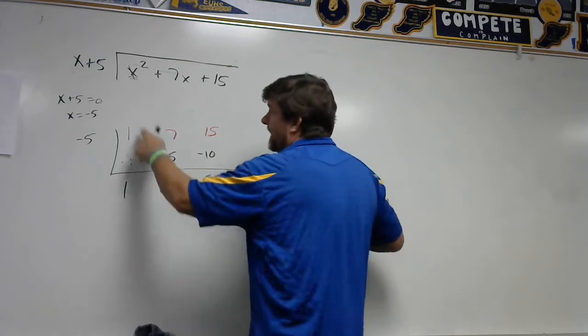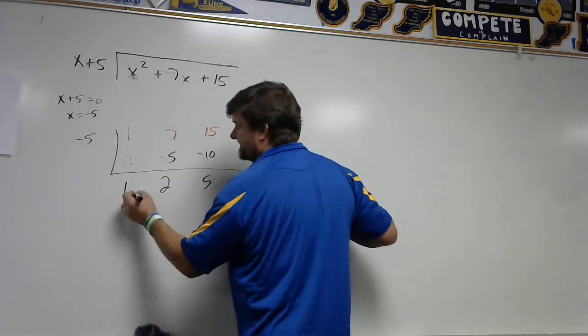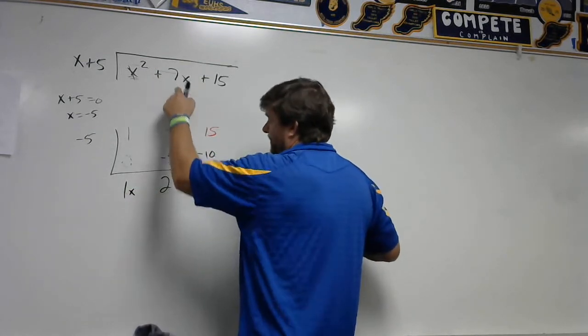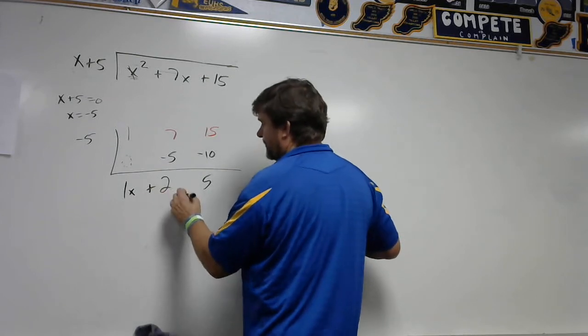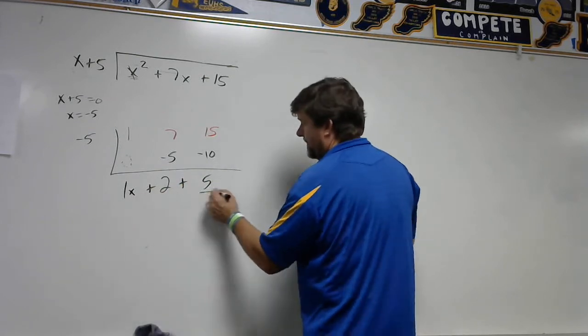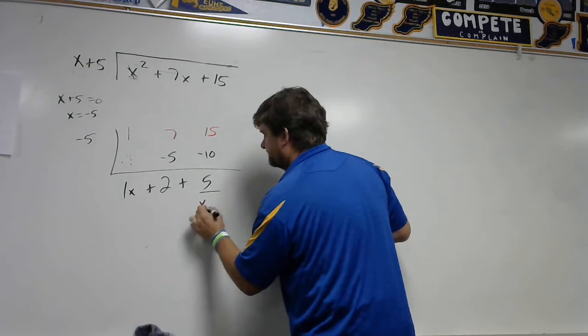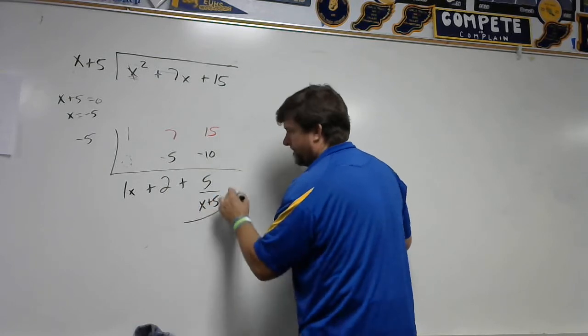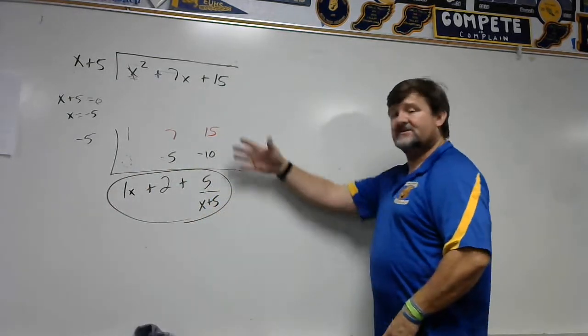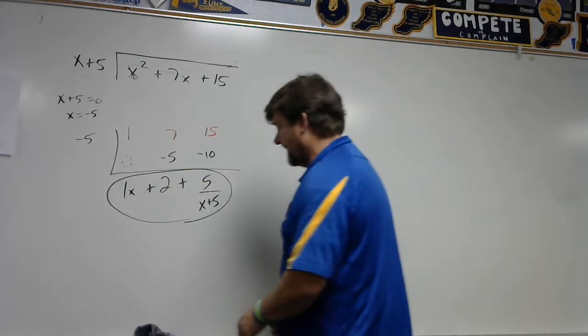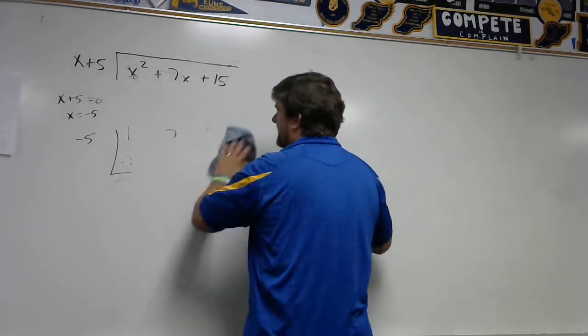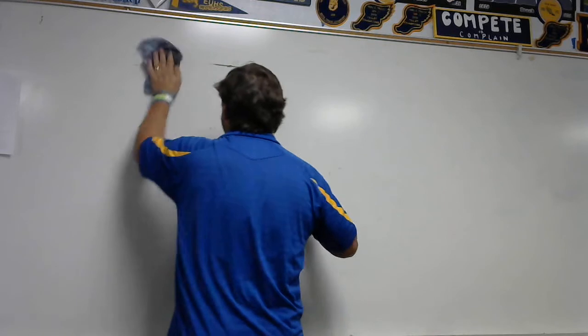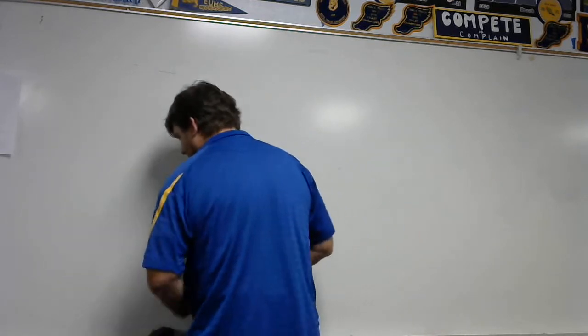Now this becomes 1 power less, so I got 1x plus 2 plus the remainder over the factor. Same exact answer, just a different way to do it. That's synthetic, okay?